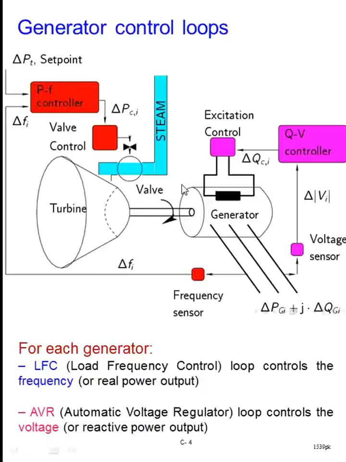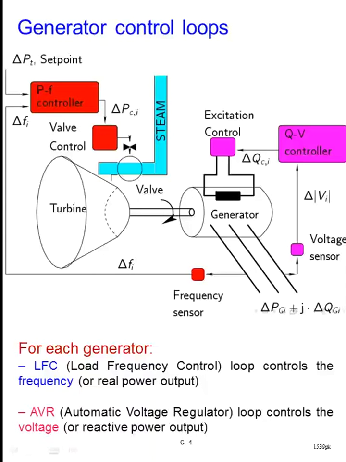All right. So if I consider the system operation being perturbed by a small disturbance, for which the behavior of the generator and the complete system can be linearized, then in that case, these two control loops, the frequency control loop and the voltage control loop, can be independently controlled.